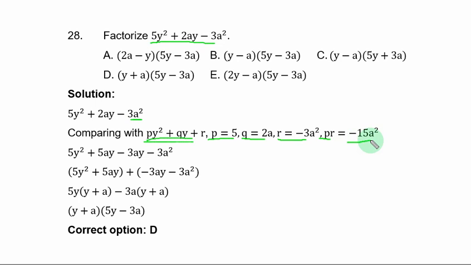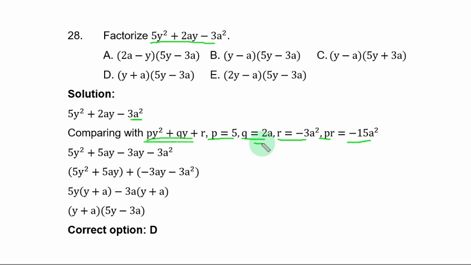Now, you get 2 factors of 15 such that the sum is 2 and the product is minus 15. Mind you, a is included in those factors. So such factors are plus 5a and minus 3a.